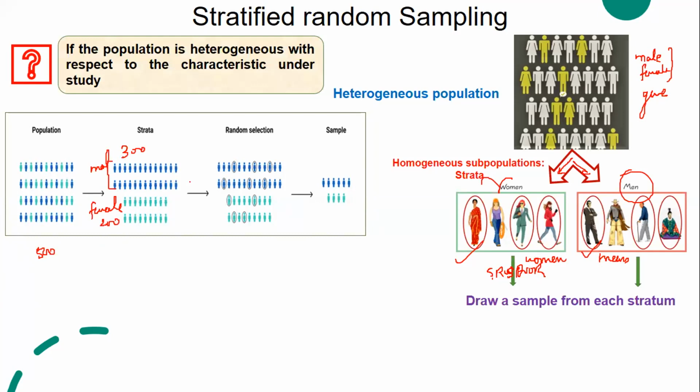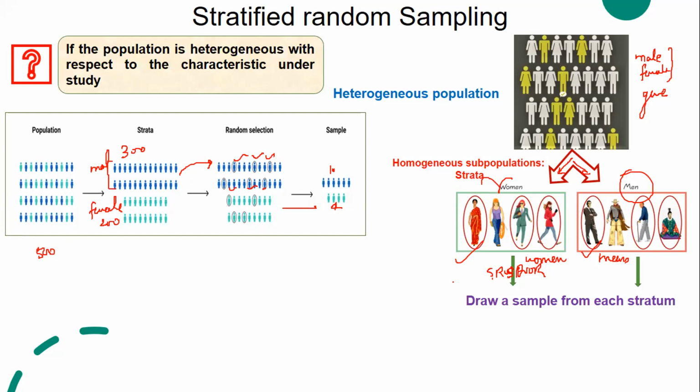After that, we will select different samples randomly. I have selected 10 samples, for example, from one and 4 samples from the other. So this is called stratified random sampling.